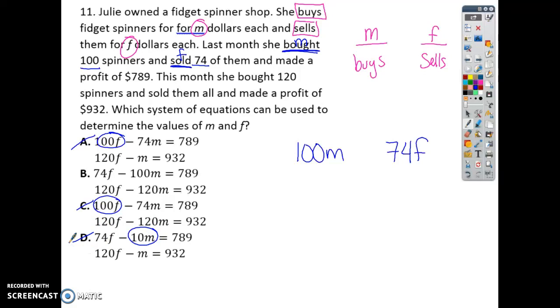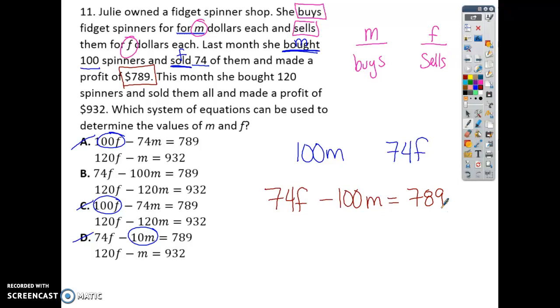Okay, now, why are they flipped, and why is it minus? Because we're talking about them making a profit. Okay? When you buy something, you don't buy it for as much as what you sell it for. You're going to sell it for more money. So that's why it's 74F minus 100M to see what you profit, which in this case is 789.